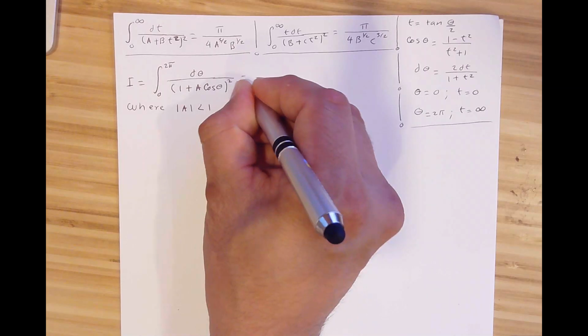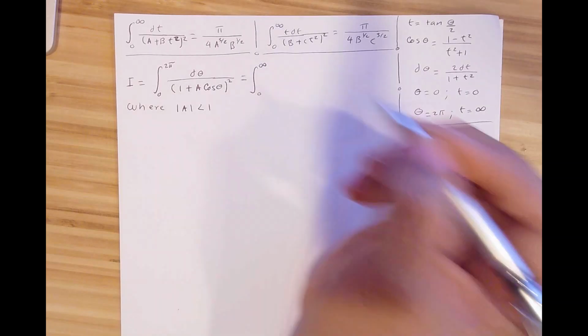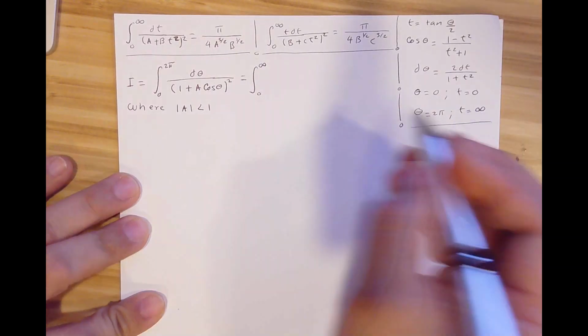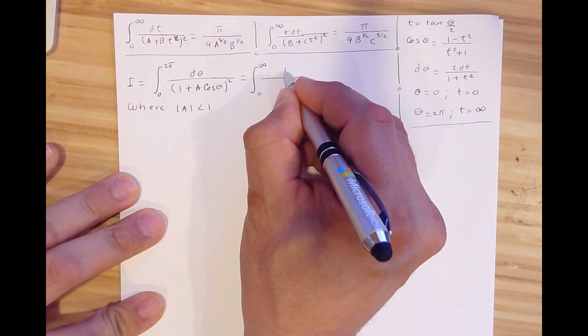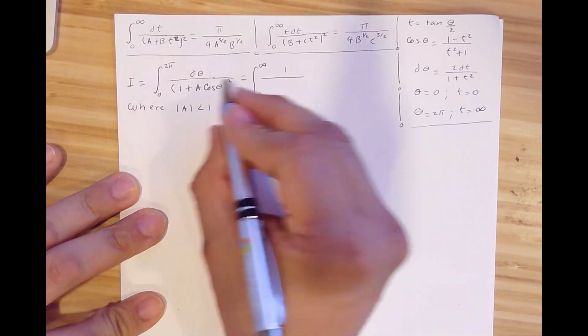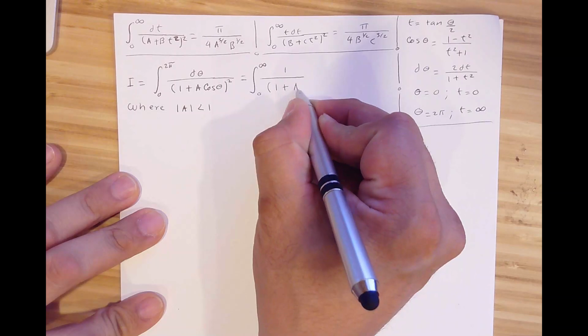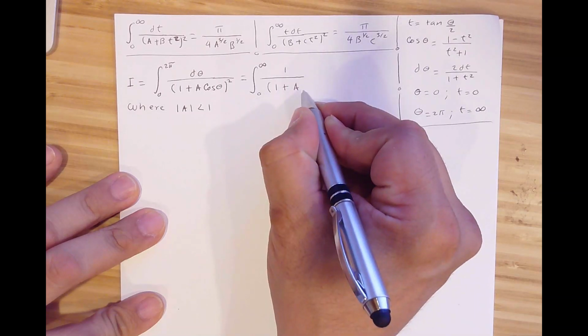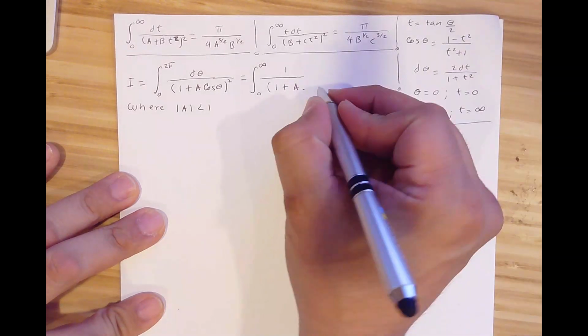Let's do it. We have from 0 to infinity, as I explained a second ago. Let's put this 1, and below we have 1 plus a that multiplies cosine of theta, which is this, right?